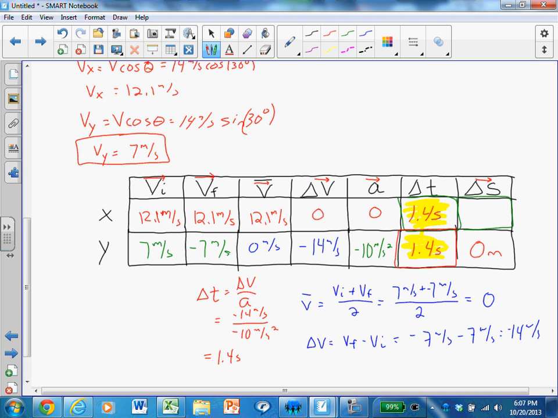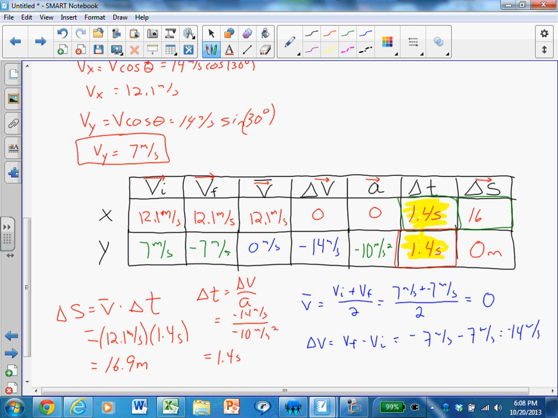Because delta s is v bar times delta t in the x, so 12.1 meters per second times 1.4 seconds is 16.9 meters.